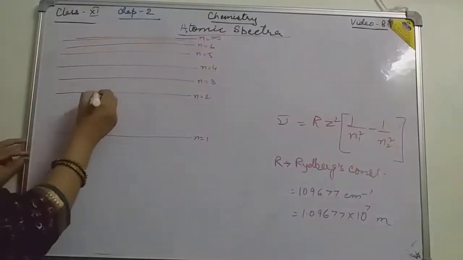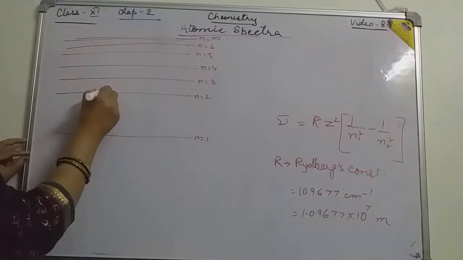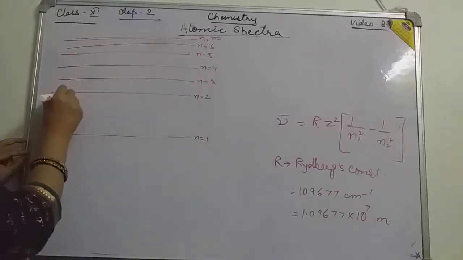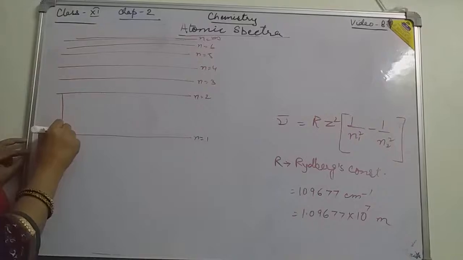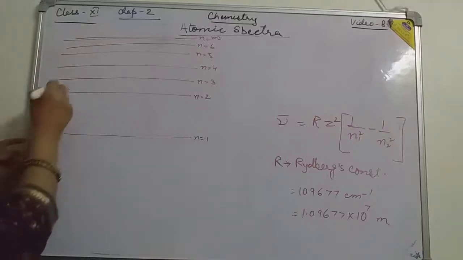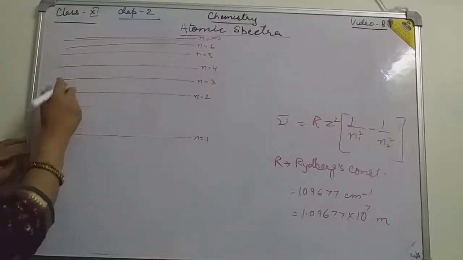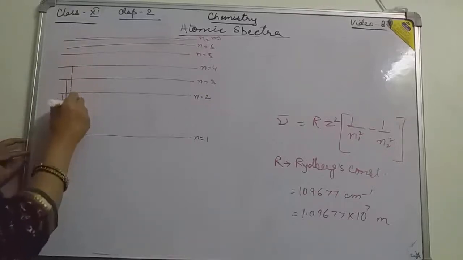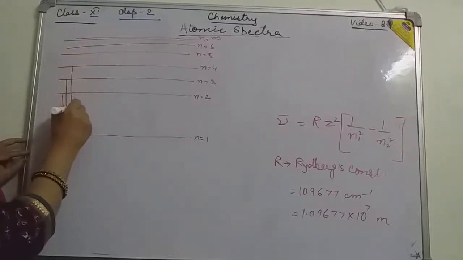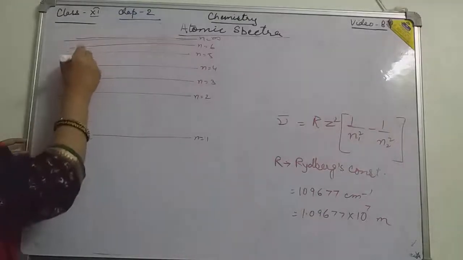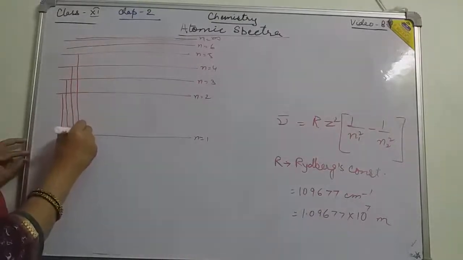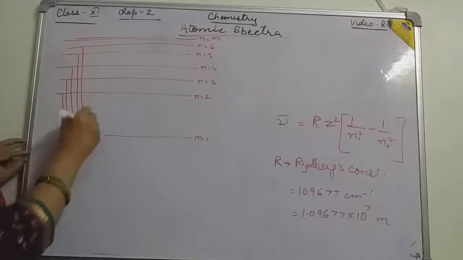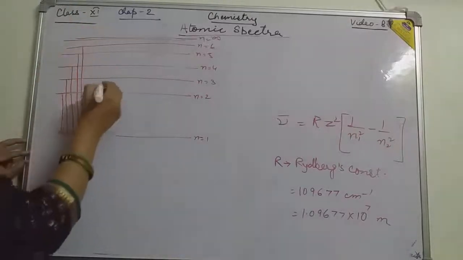If an electron jumps from the second state n2 to n1, this occurs in the Lyman series, and next n3 to n1, n4 to n1, n5 to n1, and so on up to infinity.